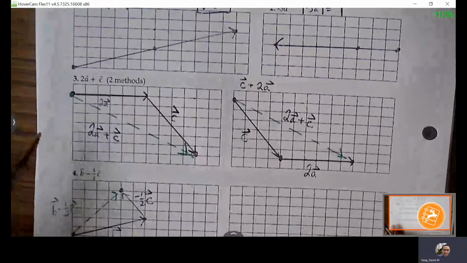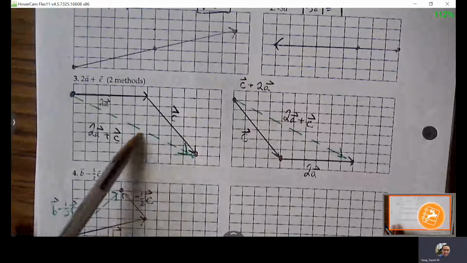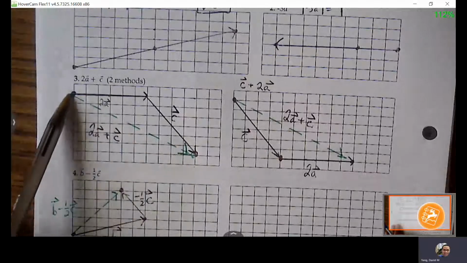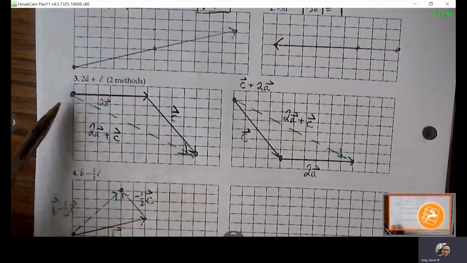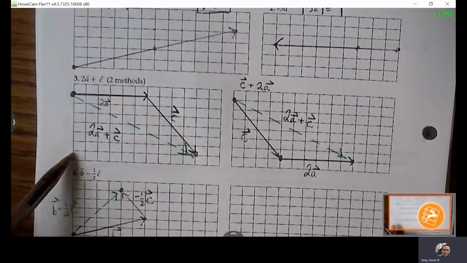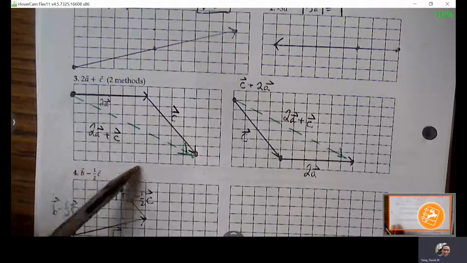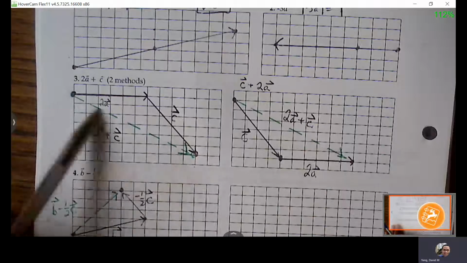Okay, we want to find the magnitude of this resultant vector. So let's just create a right triangle out of this vector. We don't want to use this original one. This is not a right triangle. So we can just count down and count to the right, and then go a squared plus b squared equals c squared, right?